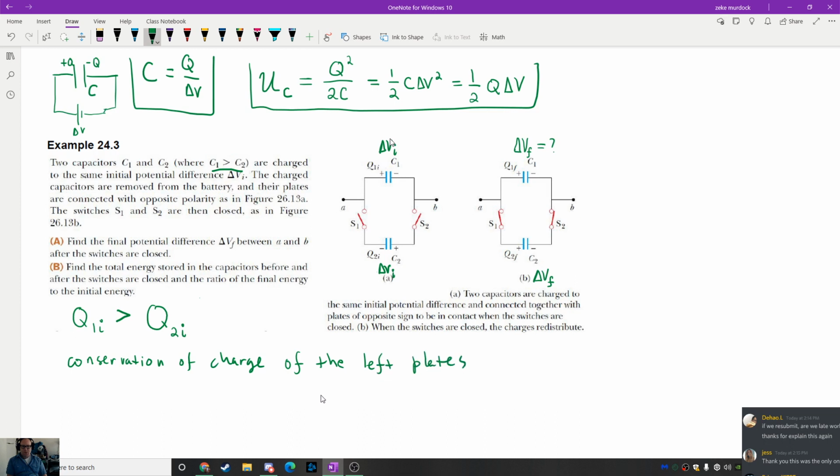Okay. So initially, on the left plates, so we're just looking at this plate, and we're looking at this plate. Initially, the total amount of charge on the left plate is going to be Q1 initial plus Q2 initial. Except that Q2 initial is negative, so we'll do Q1i minus Q2i.